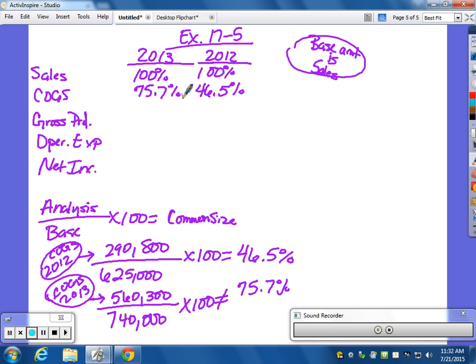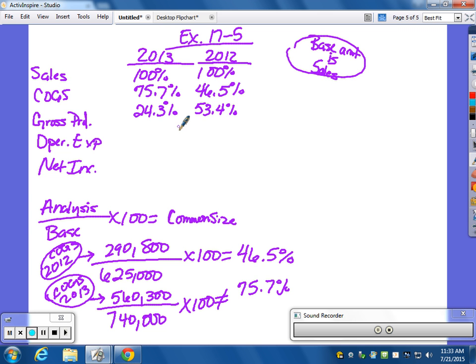So give me the rest of them for 2012. What's 2012 gross profit? 53.4%. What about 2013? 24.3%.